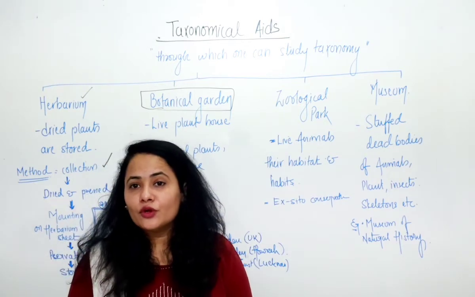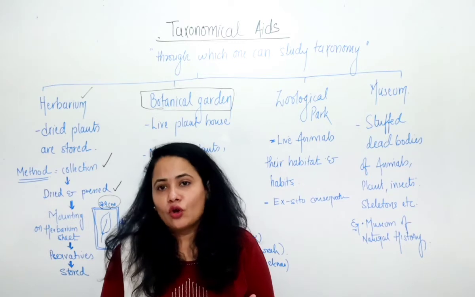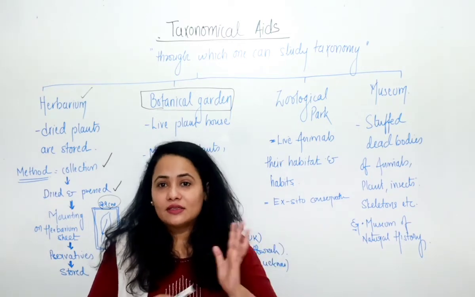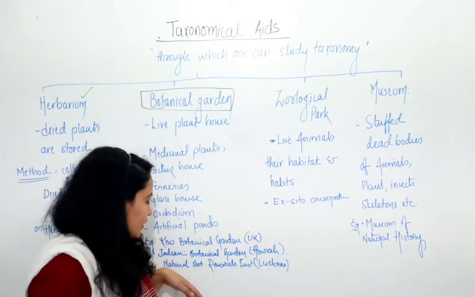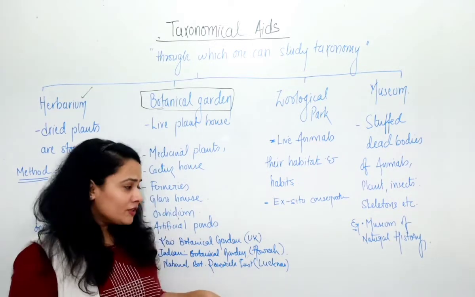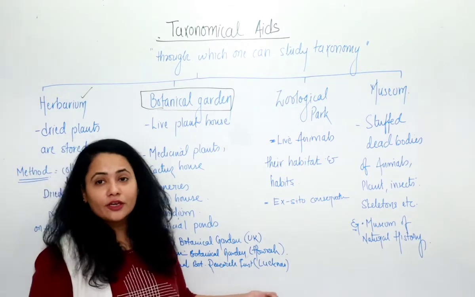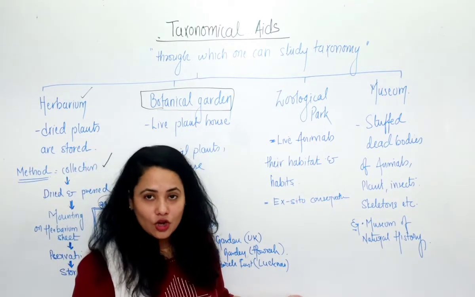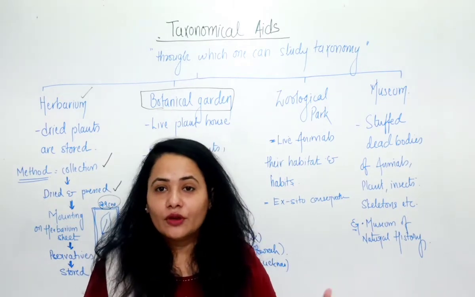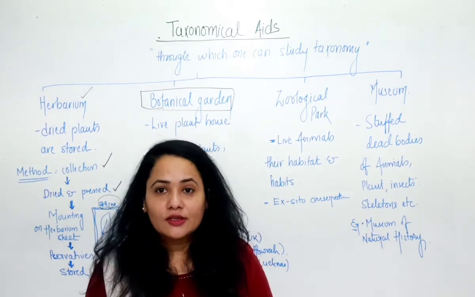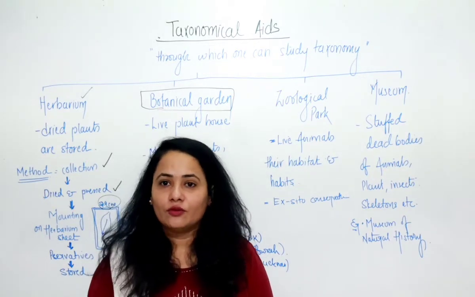In some books it is given as Calcutta or Kolkata, so you have to remember that Howrah, where there is a bridge, is located in Kolkata. That is the second location. Another botanical garden, found in Lucknow, is the National Botanical Research Institute. These are all places where you can study plants in live form, their habitat, their adaptations, their physiology, their cytotaxonomy, everything in detail.